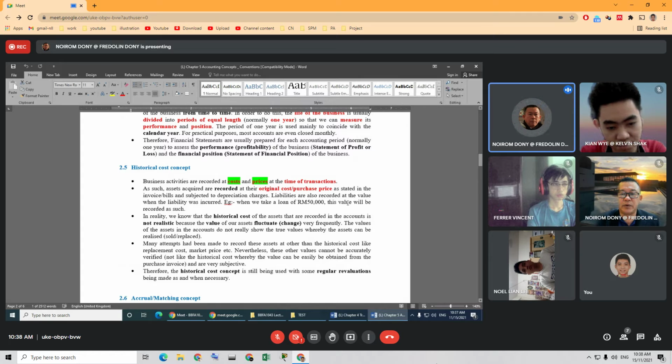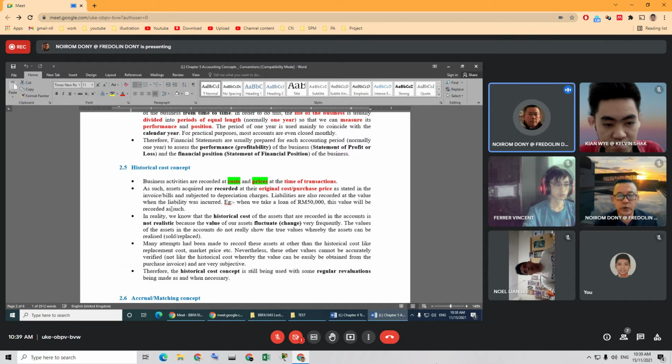Liabilities are also recorded at the value when the liability was incurred; when we take a loan of 50,000, this value will be recorded as such. So historical cost means that whenever we record the asset, we record according to the cost that we incurred at the date and time of the transaction.